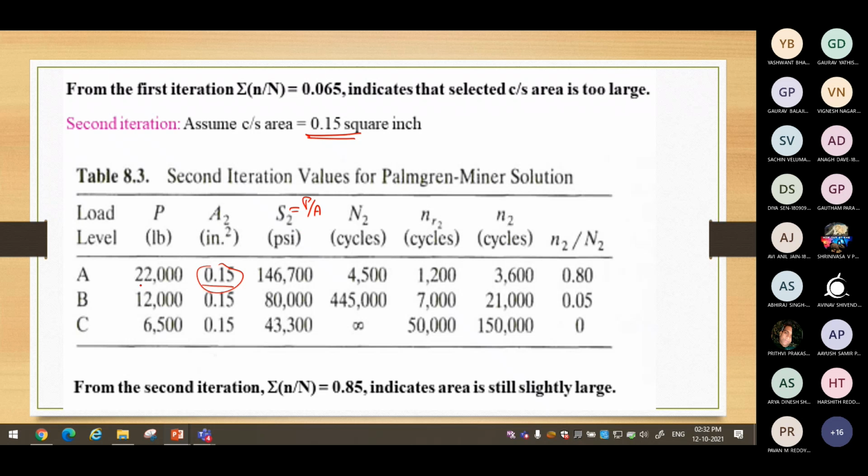The applied load is the same, 22,000, 12,000 and 6,500 pounds, whereas the applied stress varies because the cross-sectional area is now smaller. Load upon area, you see the stress values: 146,700, 80,000 and 43,300.